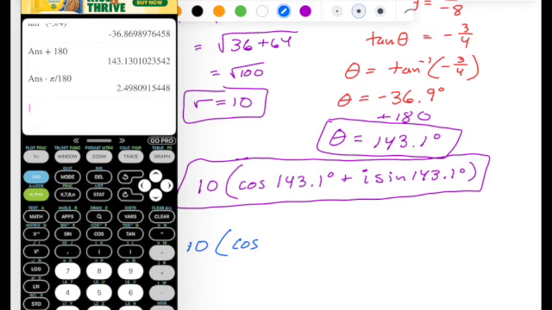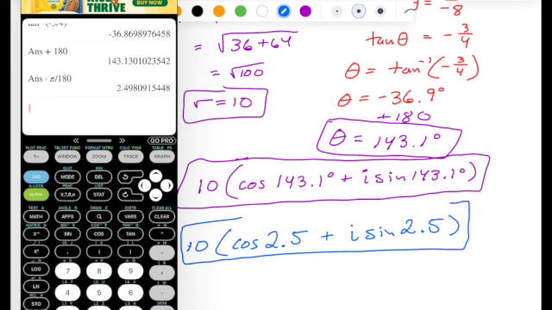So that's about 2.5 radians. 10 cosine of 2.5 plus i sine of 2.5. And 2.5 should not freak you out because you're in quadrant 2, which is less than 180 degrees, so that's less than pi radians, so that's less than 3.14 radians. So 2.5 radians would seem at least plausible, at least reasonable.